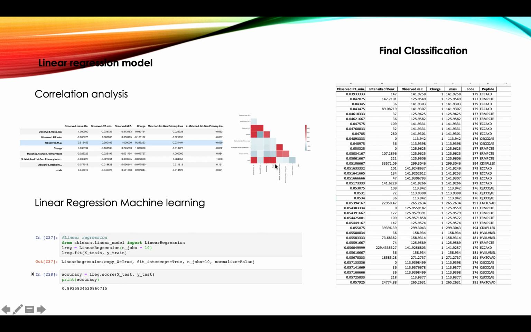We just use observed mass and charge as the variables to build a linear regression model. After we build this model, we calculate that the accuracy is almost 90%. It's very high. On the right hand side, this is our final classification of the unlabeled data.